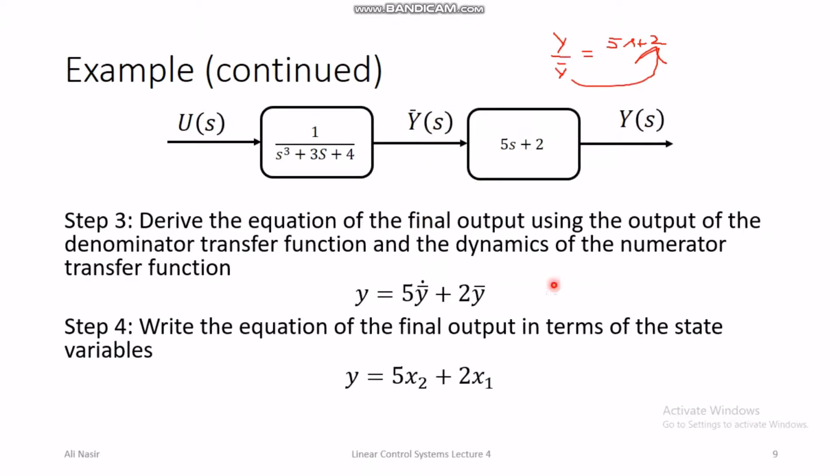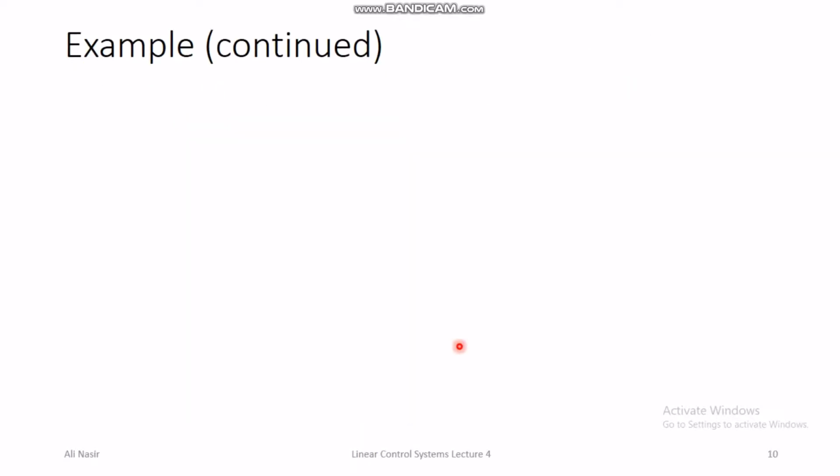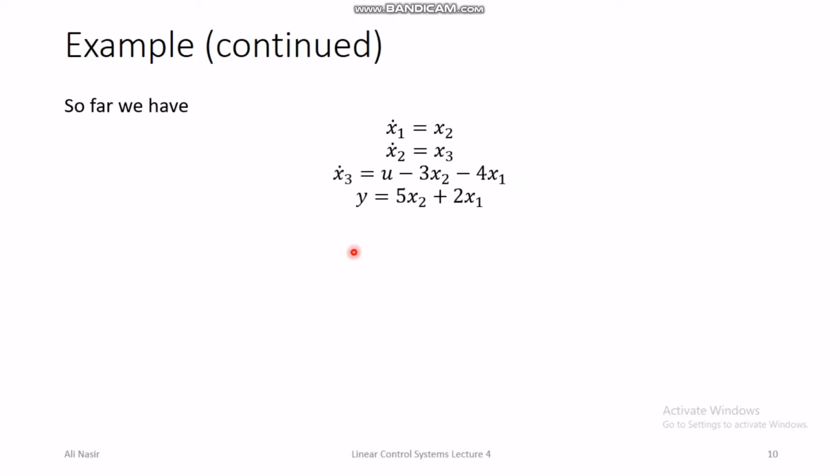And then after we get this equation, now we are ready to write down our system in terms of state space. So remember, now this y bar is completely out of the equations, because x1 dot is x2, x2 dot is x3, x3 dot is u minus 3x2 minus 4x1, and now y is equal to 5x2 plus 2x1.